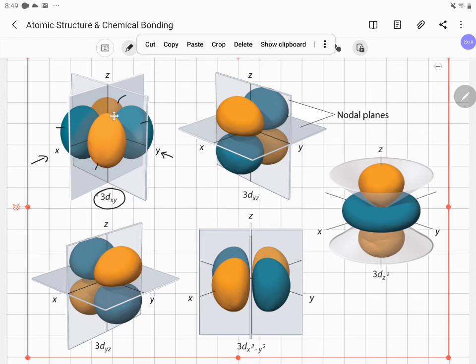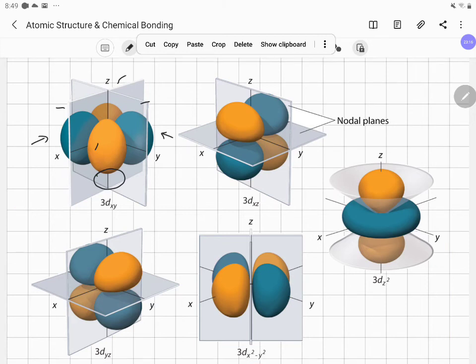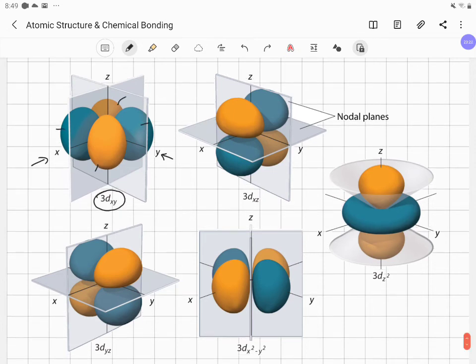You can see that there are 2 planes. This is plane 1. This is plane 2.